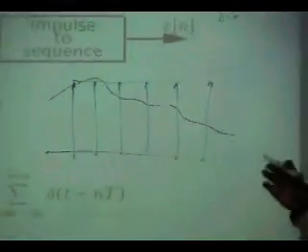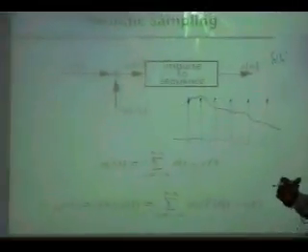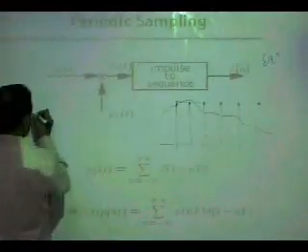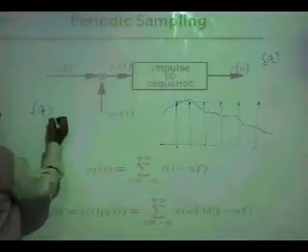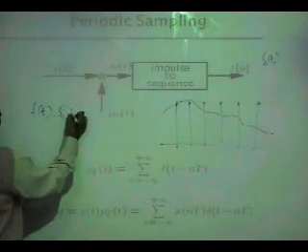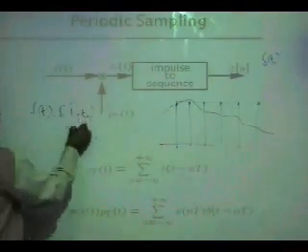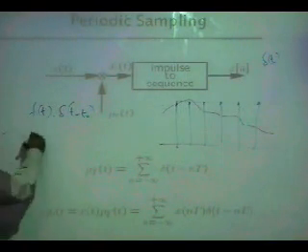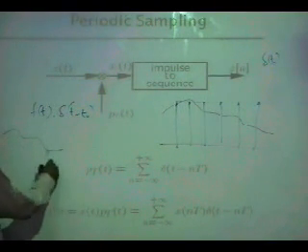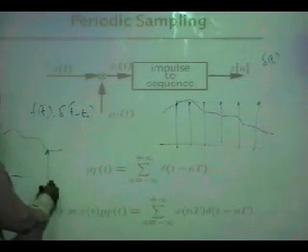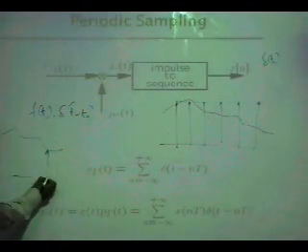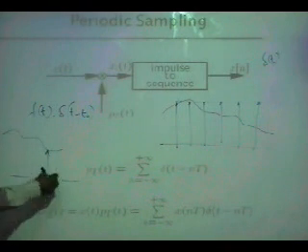It obeys certain characteristics. One of the characteristics of this impulse is that if you multiply a function f of t with an impulse delta of t minus t naught, the impulse is at t naught, and it is 0 everywhere other than t naught.